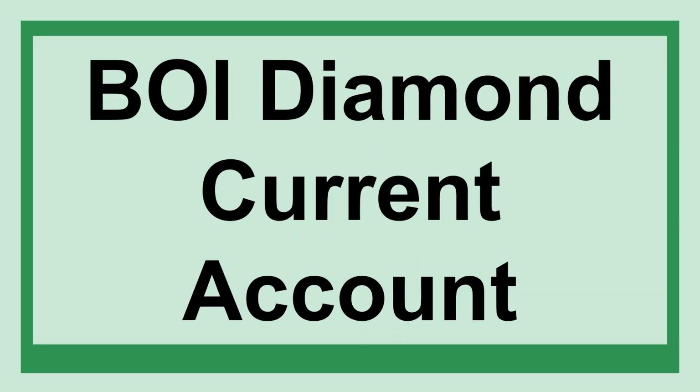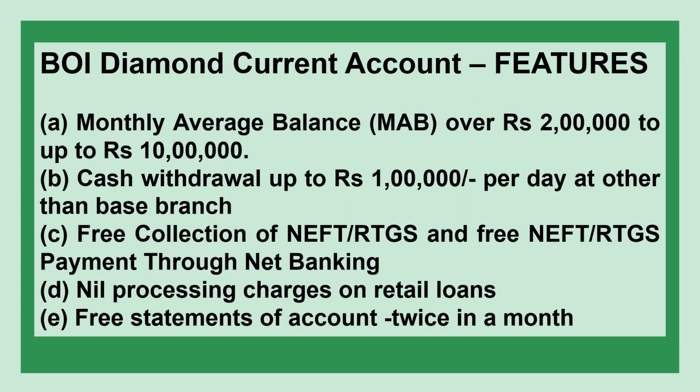Bank of India Diamond Current Account. It features a monthly average balance over rupees 2 lakh up to rupees 10 lakhs. Cash withdrawal up to rupees 1 lakh per day at other than the base branch. Free collection of NEFT, RTGS, and free NEFT or RTGS payment through net banking. Nil processing charges on retail loans.